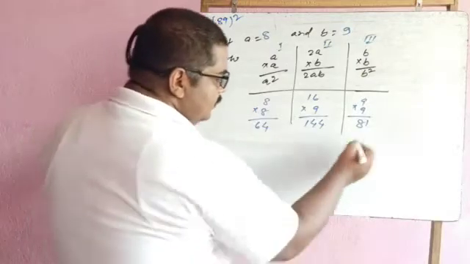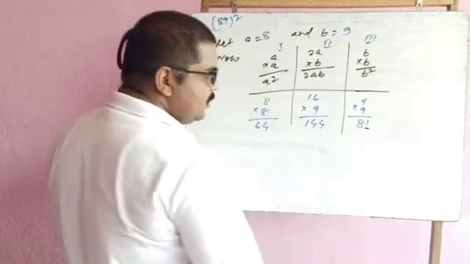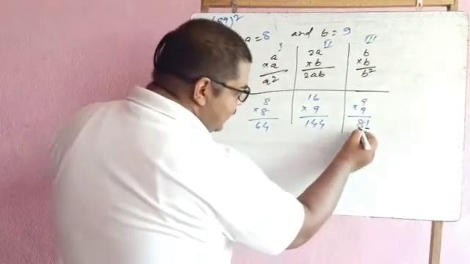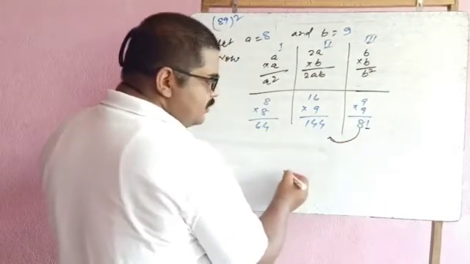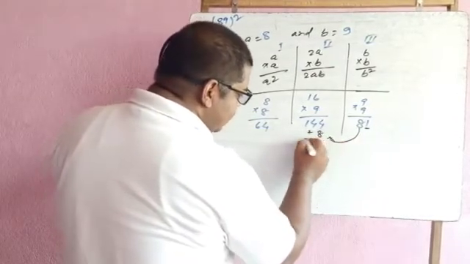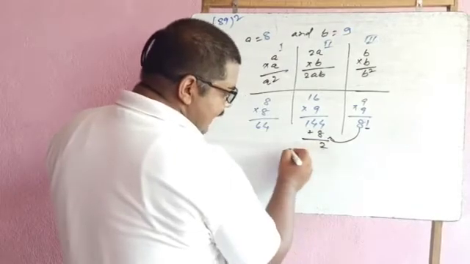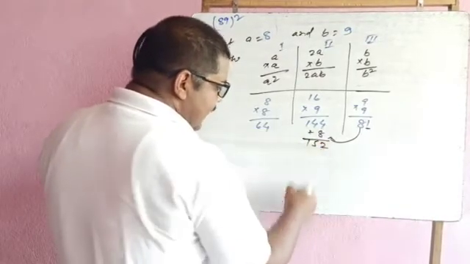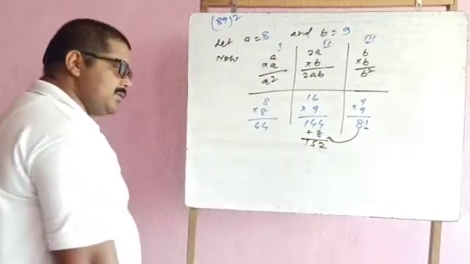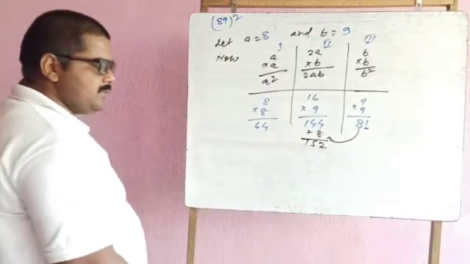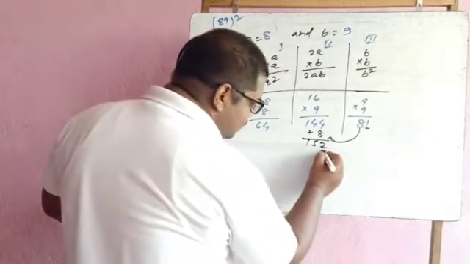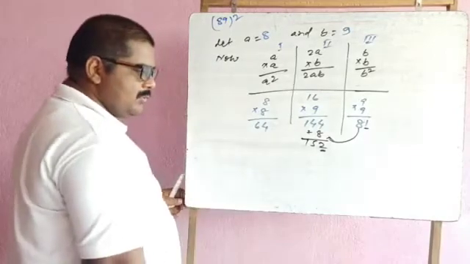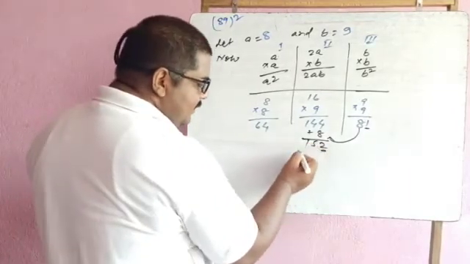Now you have to select the one's place, 1, and the remaining 8 should be added to the second one. If you add these two, it becomes 152. And now again you select one digit, 2, and what is the remaining?